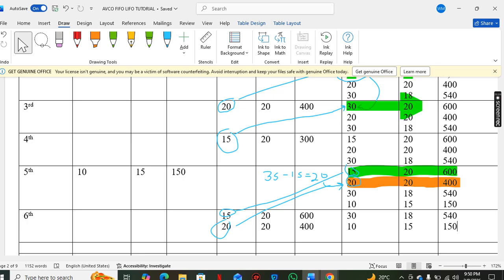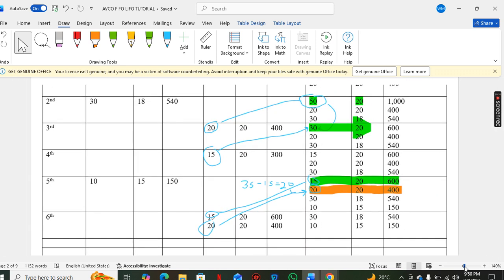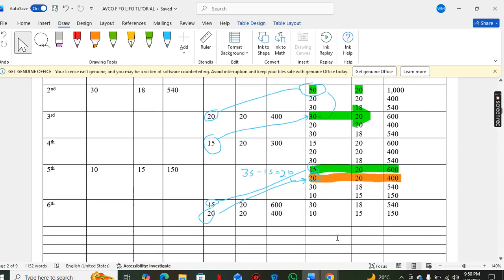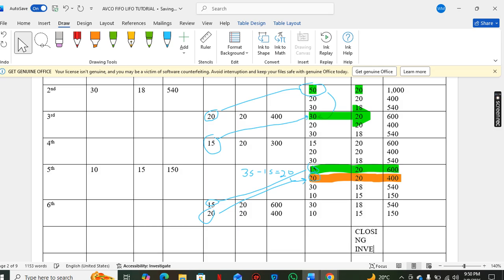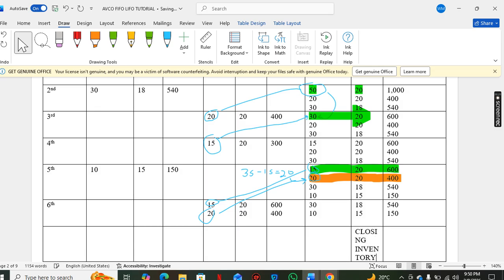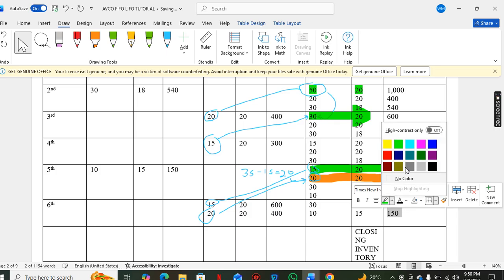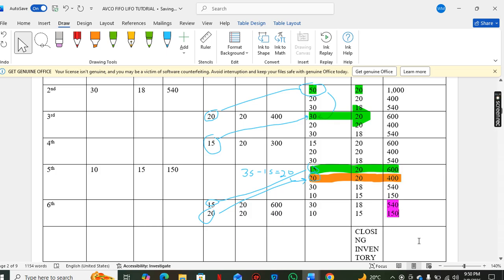So now the next thing, colleagues, is we need to find our closing inventory, because as I said, that is the major purpose of this. So for closing inventory, just add up the values here. 150 plus 540, that is 690.